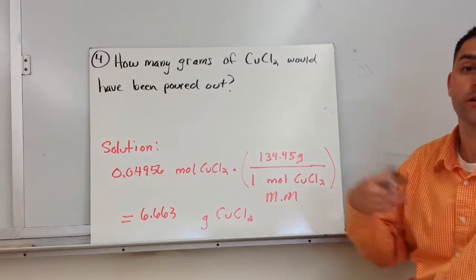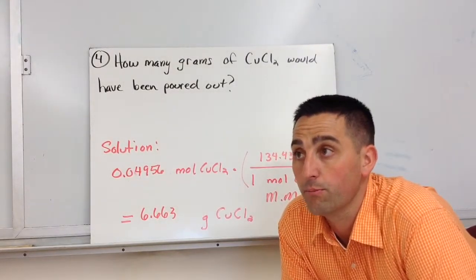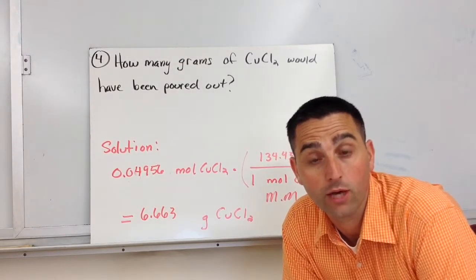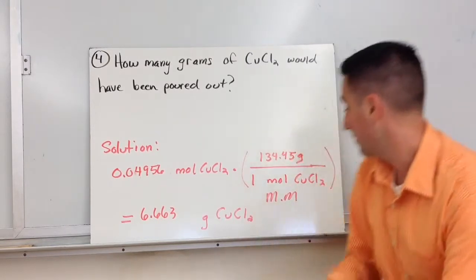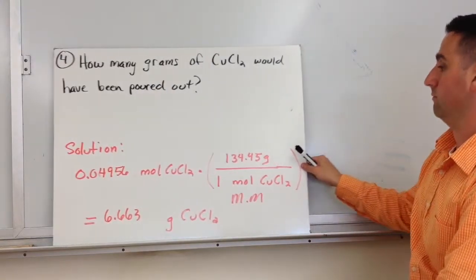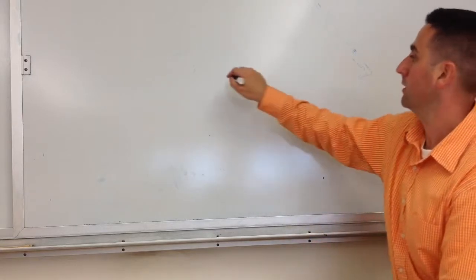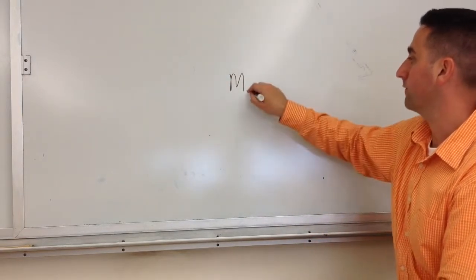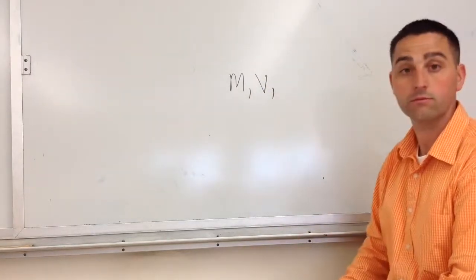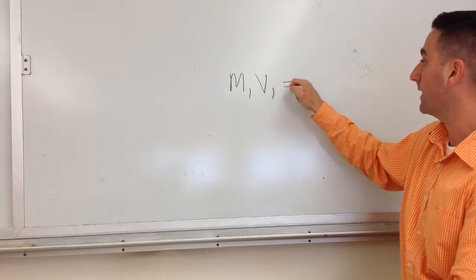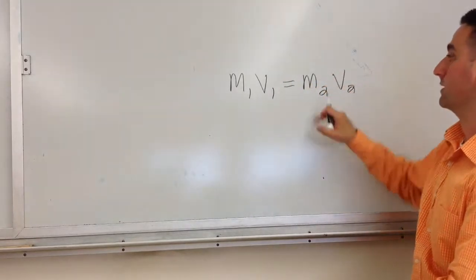All right. Coming up after this video, there's going to be a video on practice problems for molarity. Okay? And there's another equation that you can use. It's called the dilution equation, where if you take the molarity of the first solution and you know the volume of that first solution, you can always equate that with the molarity and the volume of a second solution.